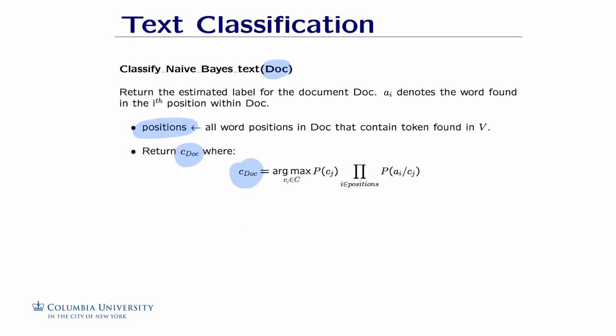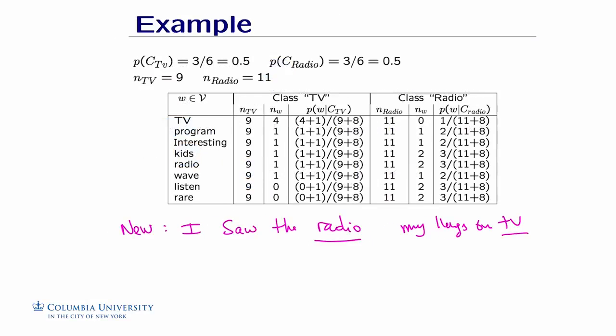We're going to calculate the argmax over these classes. So we need to provide 2 terms. One is the probability of C_TV times the probability of the word radio given the class C_TV, times the probability of the word TV given the class C_TV.